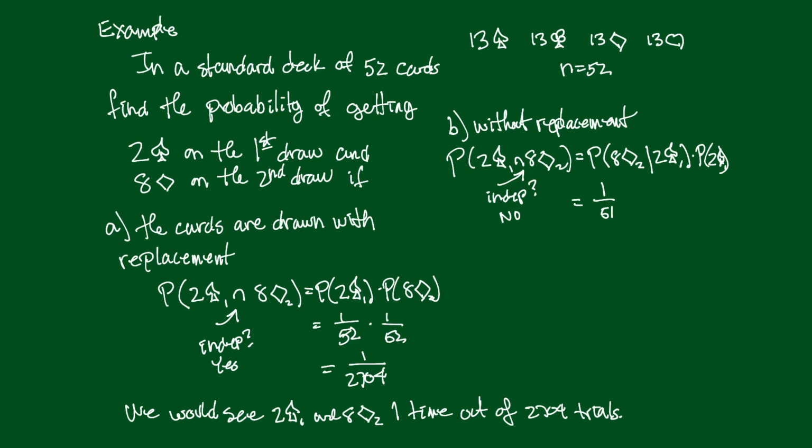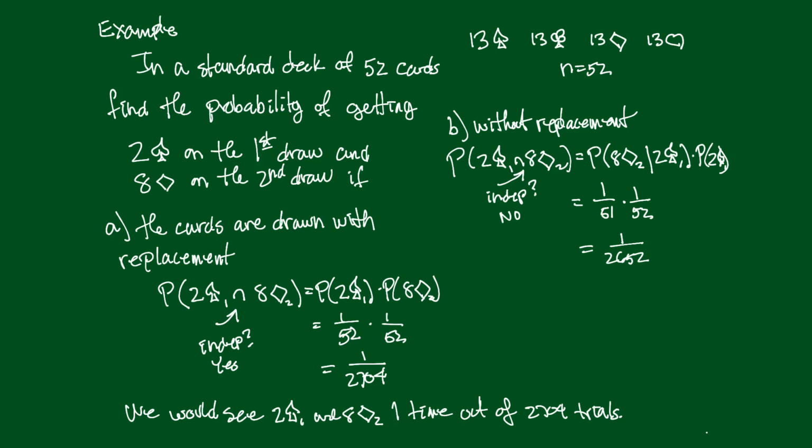All right, so that's 1 out of 51. And what's the probability of getting a 2 of spades on the first? Well, there's 1 2 of spades, but there's 52 cards. And if you multiply those together, 1 times 1 is 1. 51 times 52 is 2652. So the probability of seeing a 2 of spades on the first and then 8 on the second, that's going to happen one time out of 2,652 draws.